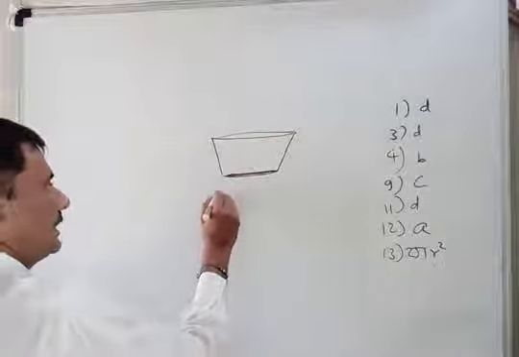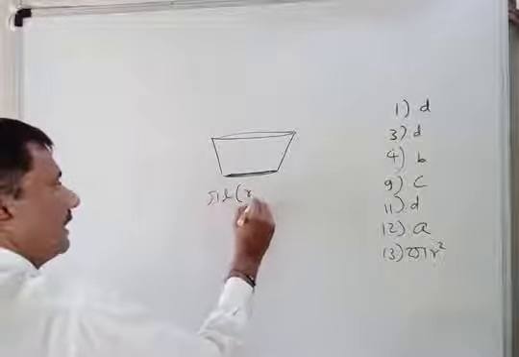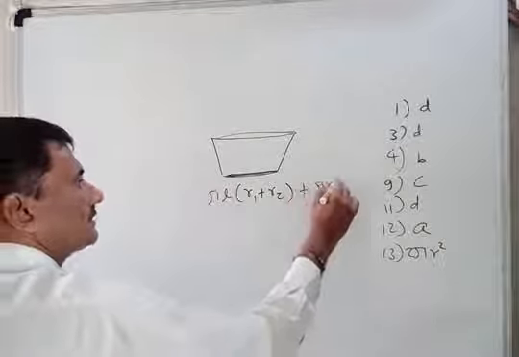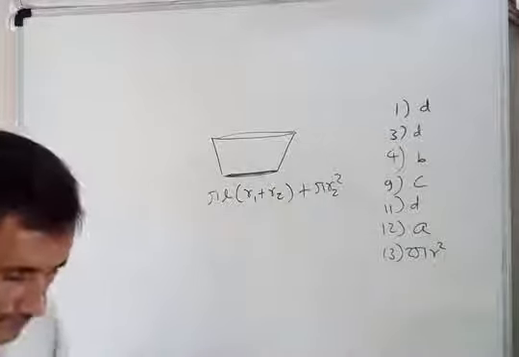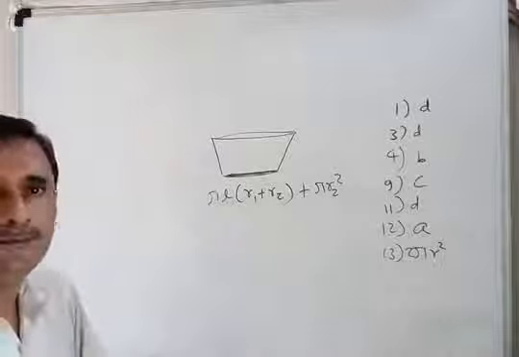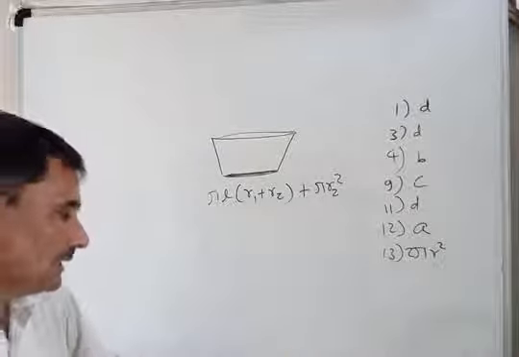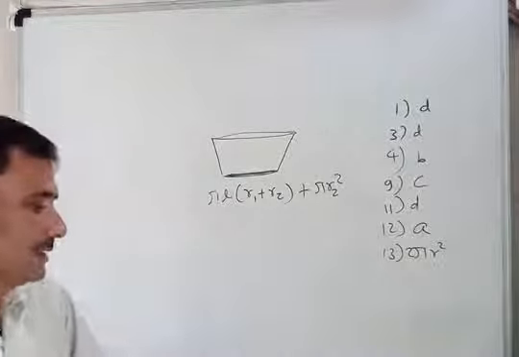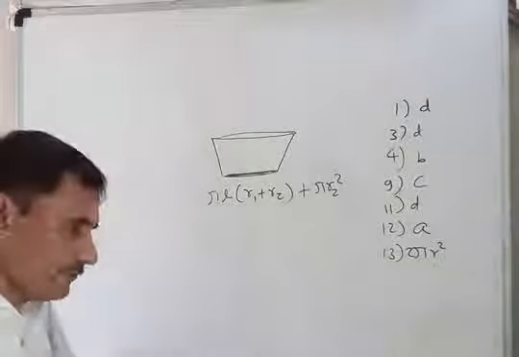So the surrounding part is pi L (R1 plus R2), that is CSA, plus pi R2 square. In the fourth question of 13.4, we use that formula. So this is the formula required for question number 2 of VSQ.